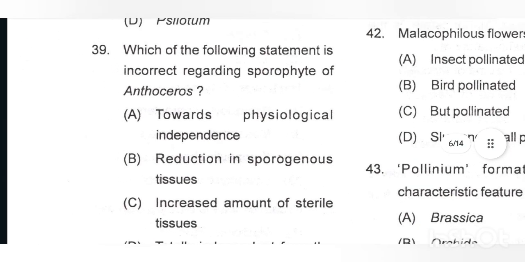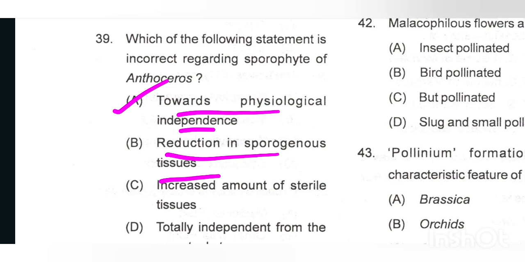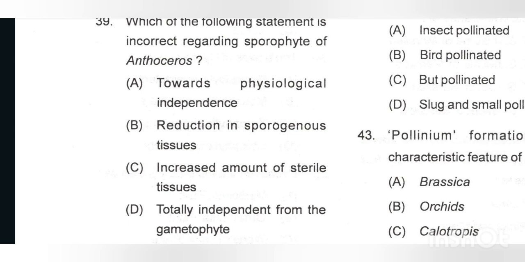Then question number 39, which of the following statements is incorrect regarding the sporophyte of Anthoceros? So the trend towards physiological independence, reduction of sporogenous tissue, is correct. Increased amount of sterile tissue is correct. Then what is the incorrect statement? The incorrect statement is that it is totally independent from the gametophyte.